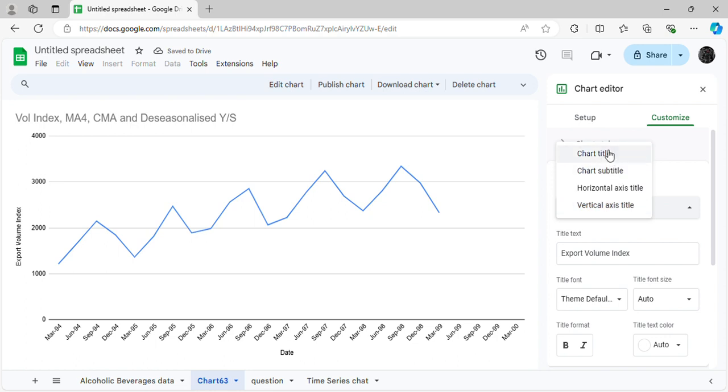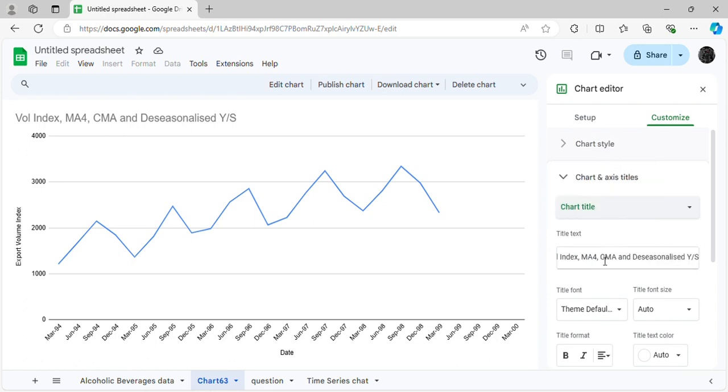Let's add the chart title, export volume index. That is for alcoholic beverages.